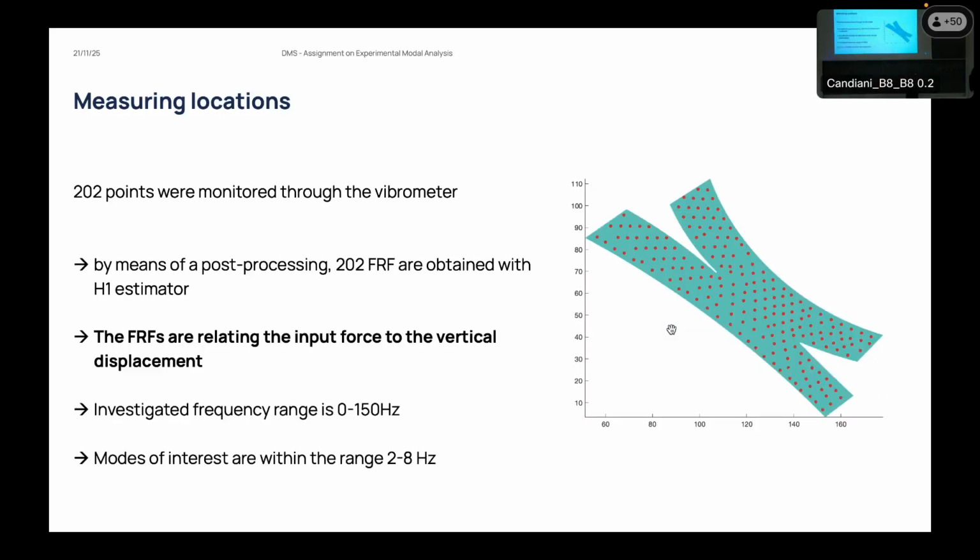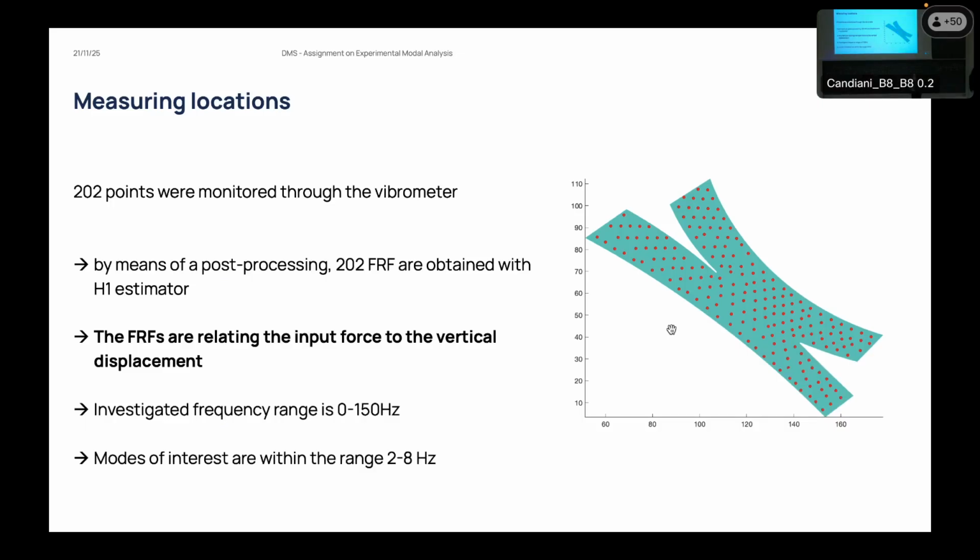What we did, as I was saying before, was monitor 202 different points spaced on the surface of the canopy like this. So we measured the input, we measured the output, and through the estimator H1 we already computed the frequency response function. So what you have there is already the matrix of the frequency response function relating the input force to the vertical displacement of each node.